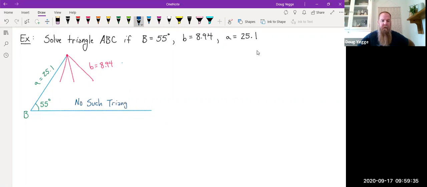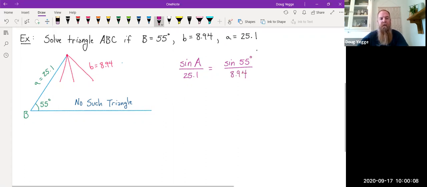But I'd like to take you through the process of the law of sines to demonstrate how we can tell that there's no triangle simply by applying the law. So let's say that sine of angle A over its opposite side, which is 25.1, is equal to sine of angle B, which is 55 degrees, over its opposite side, which is 8.94.